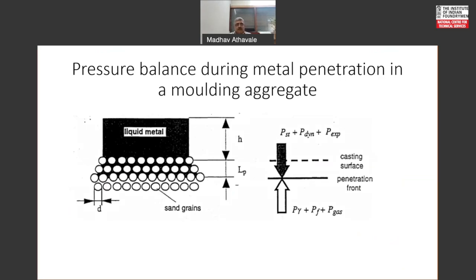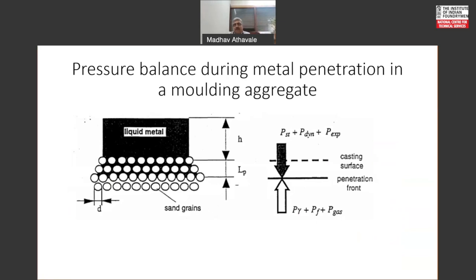Now, whether metal penetration will happen or not is really a function of the pressure balance between the different types of forces which are acting. The ones which are pressing down are P static, P dynamic, that is static pressure, dynamic pressure, and expansion pressure.